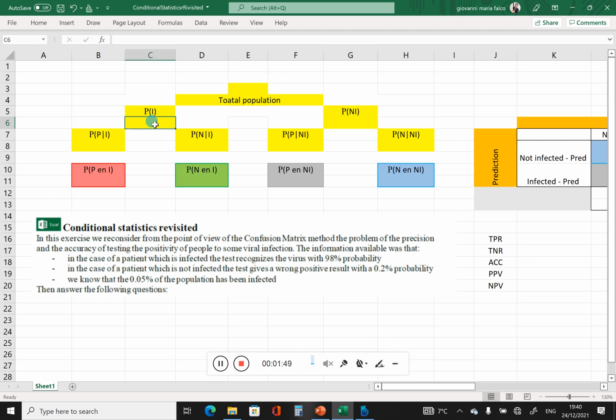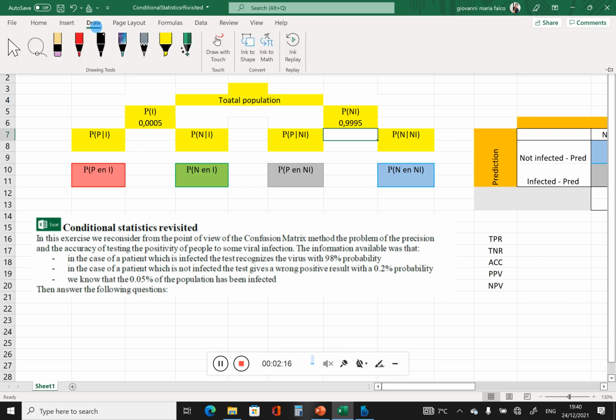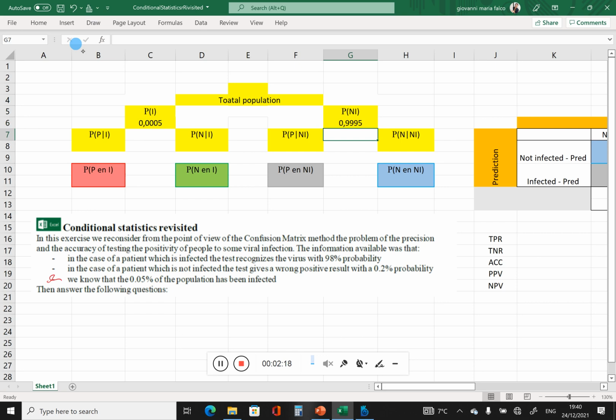So the probability to be infected is equal to 0.005, because it's the 0.005%. Okay, this means automatically that the probability to be not infected is equal to 1 minus this probability. Okay, so we use this information.